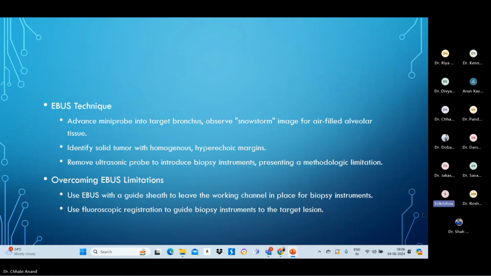Remove the ultrasonic probe to introduce biopsy instruments, presenting a methodological limitation. Have you seen any EBUS being done? Have you seen the equipment on the EBUS? No, sir, that I've never seen. Then the ultrasound probe and the biopsy needle are in the same tip. Under ultrasound guidance, you introduce the biopsy needle and take a sample. Yes, sir.